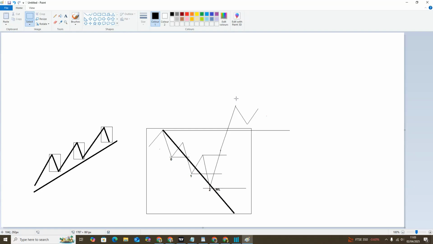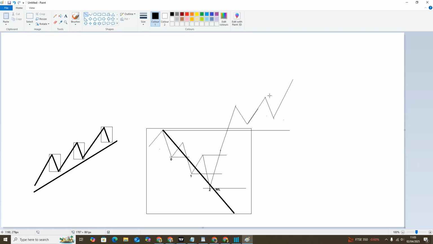Sometimes we have a 3 drive manipulation. That means this is the first break after the trend changing pattern. Then they traded above this first break. That confirms that you're going to have the third high above this break. So you wait for the correction, then you can take this.